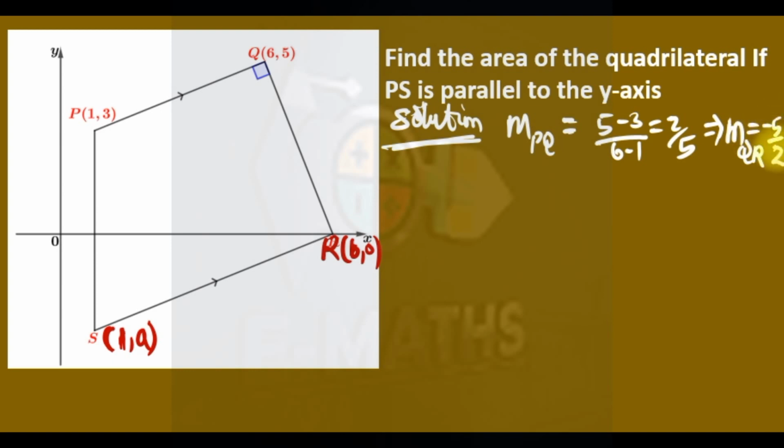Remember that these are perpendicular lines, so the product of their slopes must be minus 1. That's the relationship between two perpendicular lines. So as this is 2 over 5, this should be minus 5 over 2. So that one is settled.